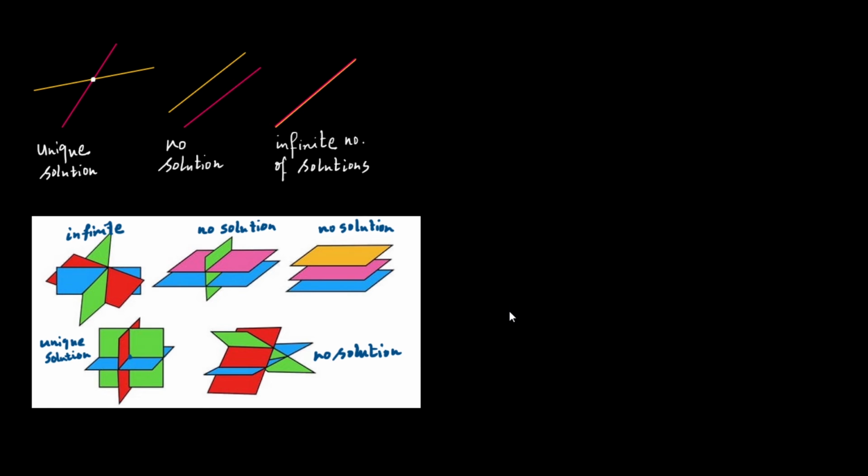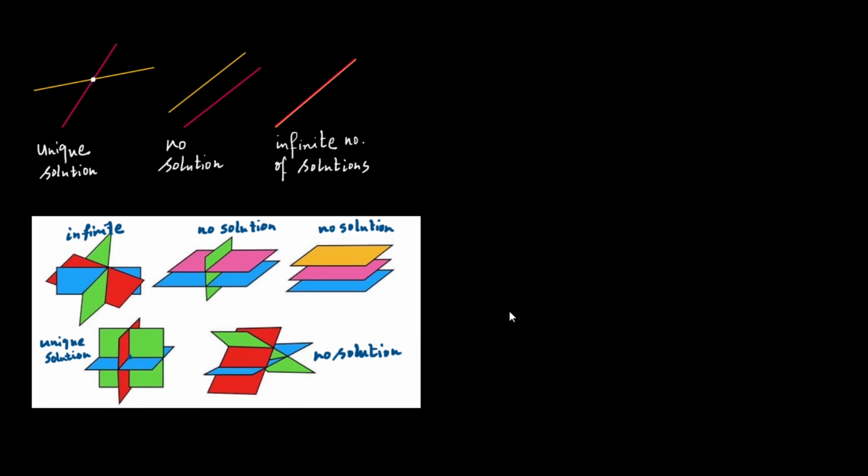We need to know algebraic methods or proper algorithms which can tell us about the nature of the solution in higher dimensions also. That means whether your system has an infinite number of solutions, or no solutions, or a unique solution, my algorithm should be so designed that I can understand algebraically from that algorithm what is the nature of the solution and what is my solution, if that exists at all.